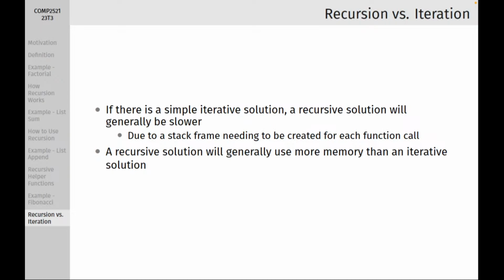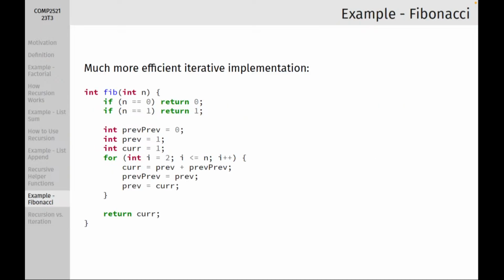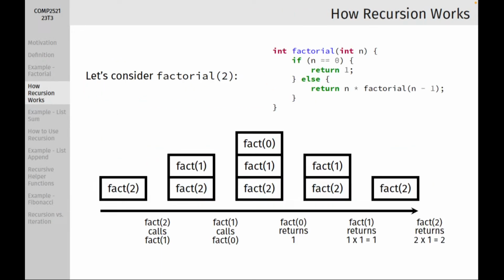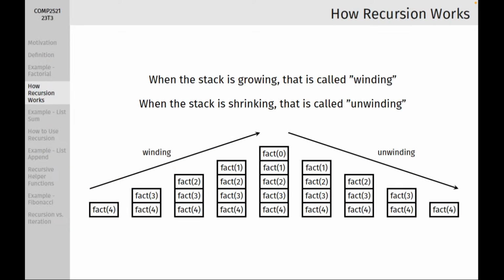Right? And the reason for that is when I showed you the factorial example earlier, we see that when we run the factorial function, it needs to create multiple stack frames, right, for each recursive call. Every recursive call needs to have a stack frame created for it.